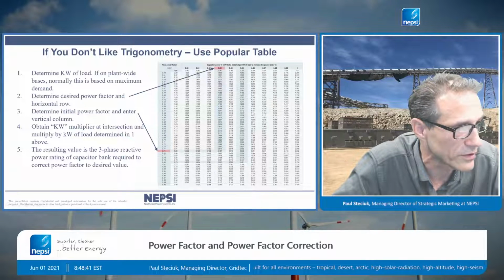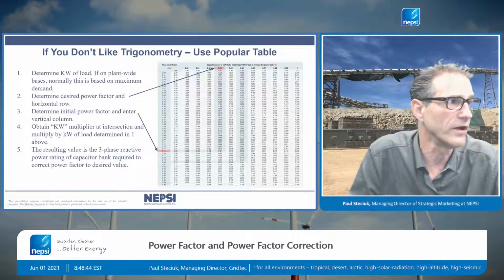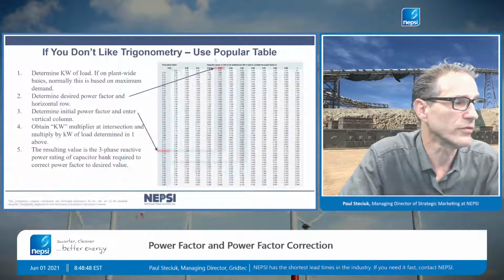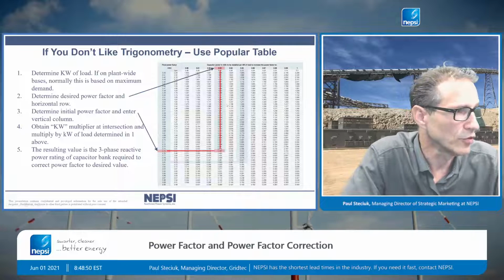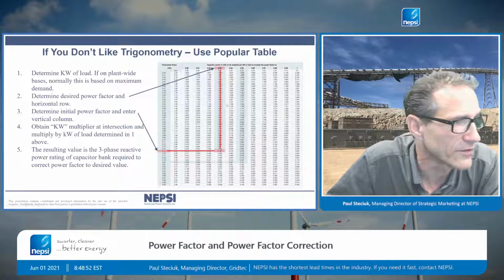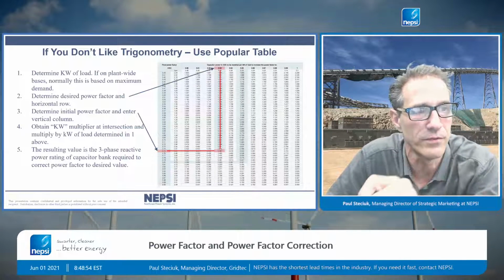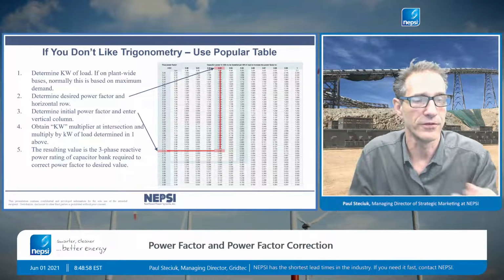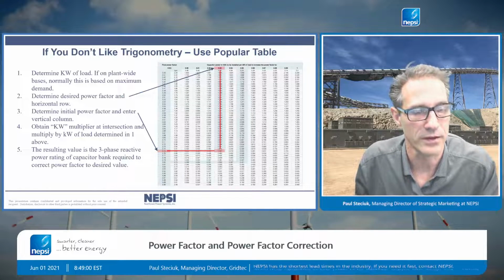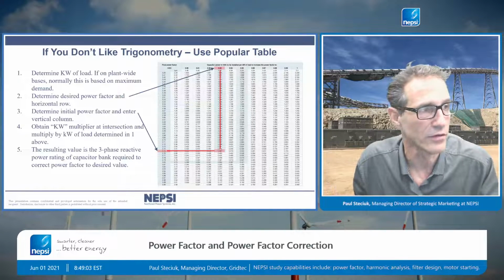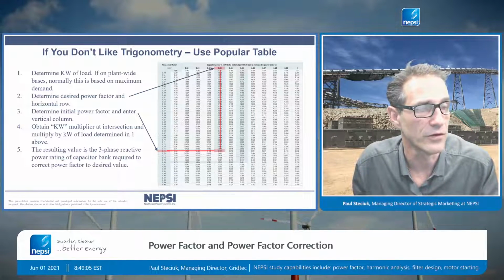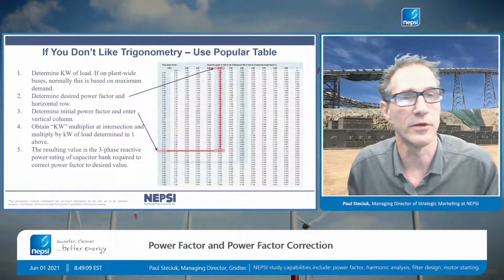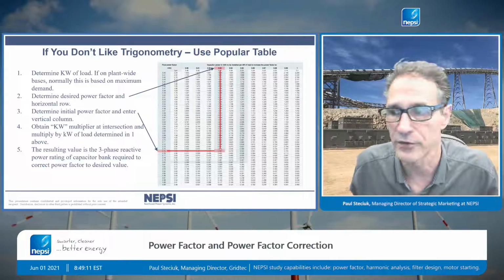So I want to go from 0.75 up to a value of 0.93, and you come up with a multiplier of 0.487. Take the 0.487, multiply times the real power of the plant, and you'll come up with the size of the capacitor bank in VARs or in kVAR or in megavars, depending upon what unit of power you're using, to come up with the amount of reactive power that you need.